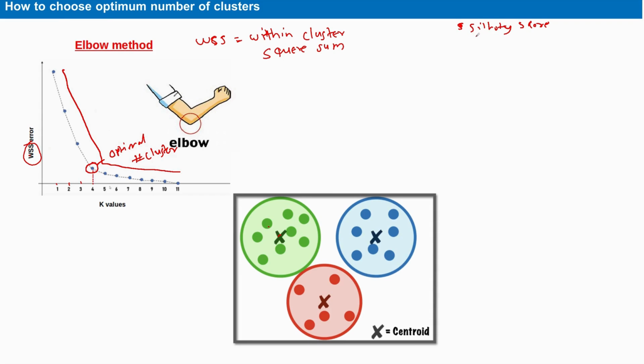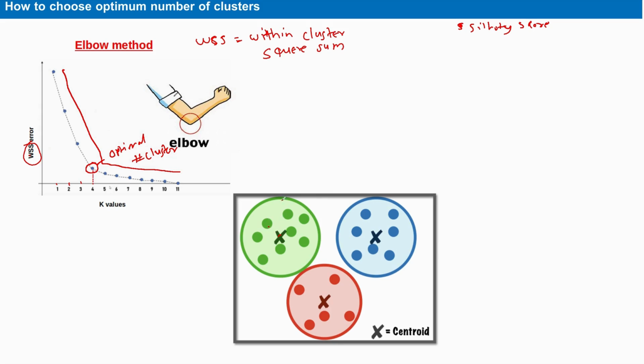The Silhouette score measures how similar each data point is to the cluster where it is present.